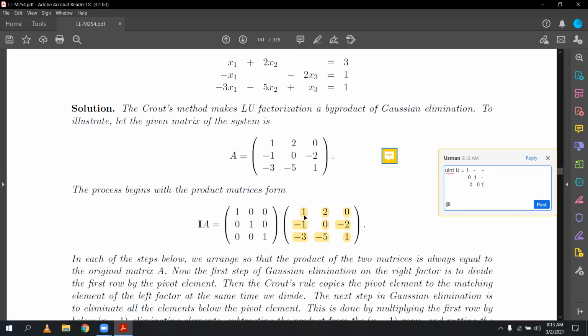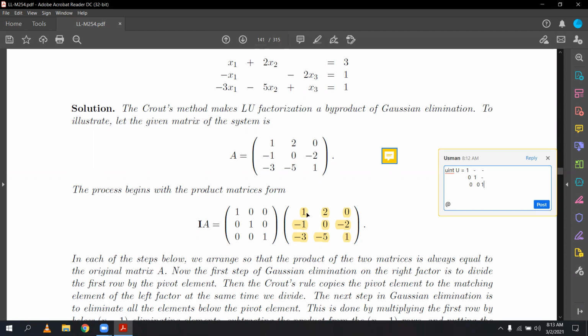If you want to convert this into the unit upper, how many elements do you have to change, please? Any student? How many elements do you have to check? Three. We have to check 6 elements.